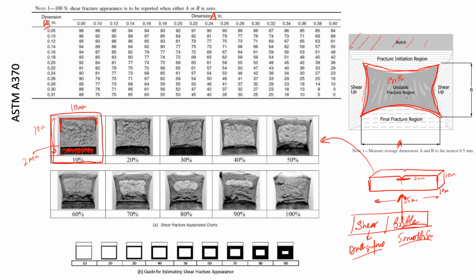This table is given in inch, so we can convert this table into mm. No problem, that conversion can be done easily. Or you measure in mm, convert it into inch, then you can compare what is the amount of shear.